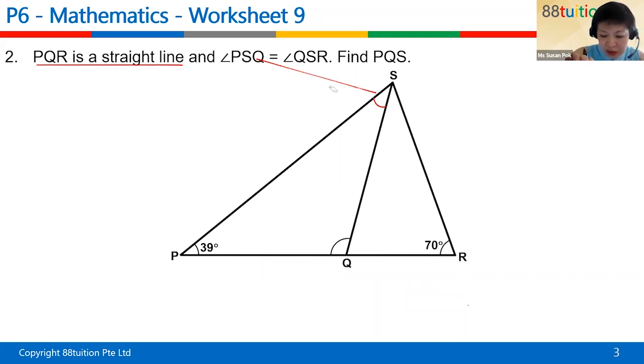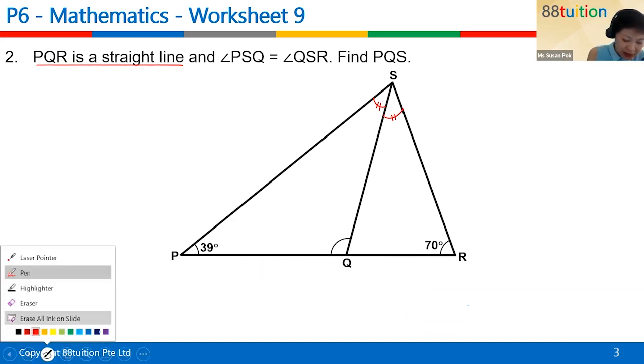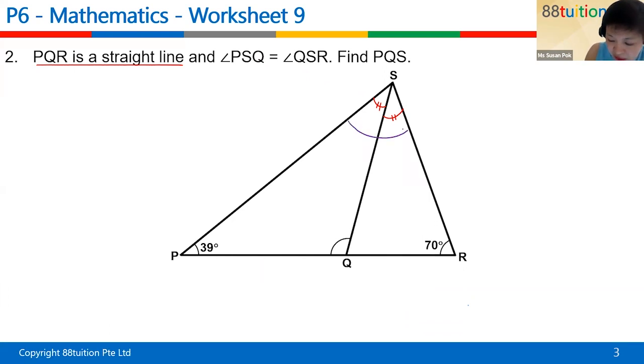PSQ is here, and QRS is here. So both angles must be equal. We know that this is a triangle. We can find the third angle here using this. Let's take a look. How to find this third angle?